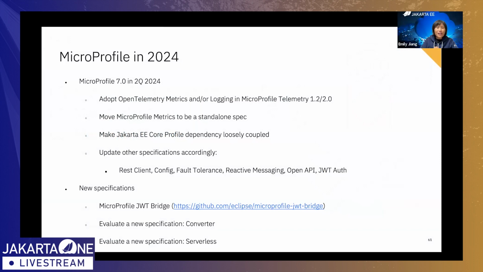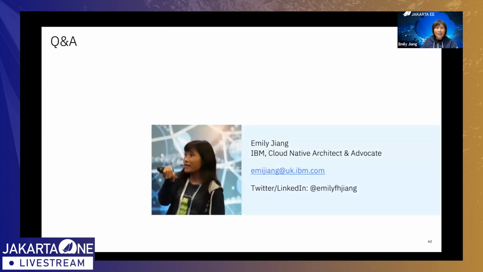Then the new spec we are working on is MicroProfile JWT Bridge, a collaboration between MicroProfile JWT and Jakarta Security. We are also evaluating new specs: converter and serverless. With that, I think that's the end of my presentation.